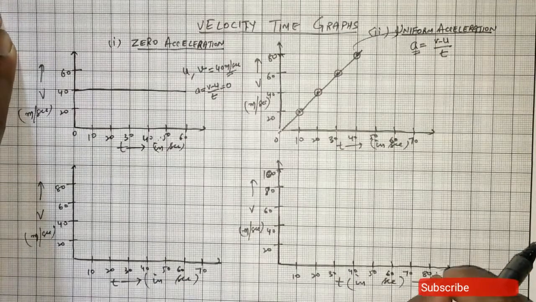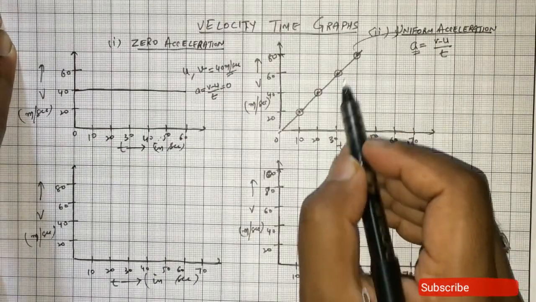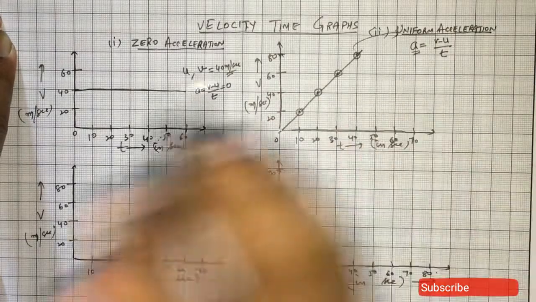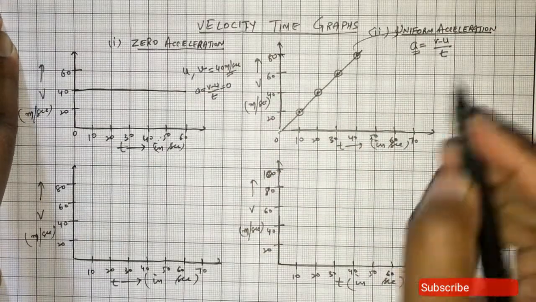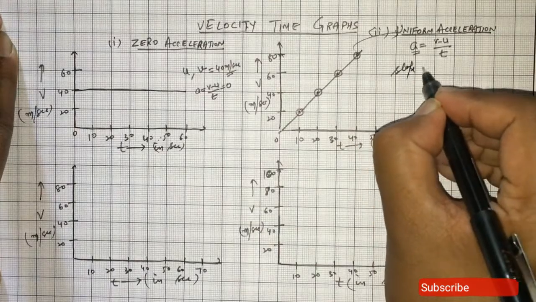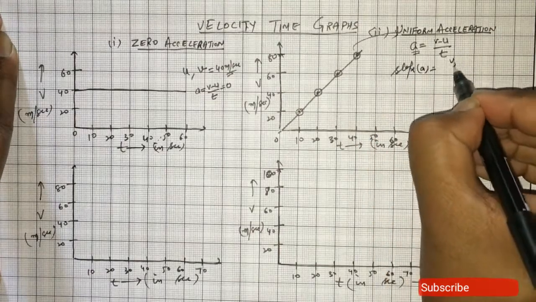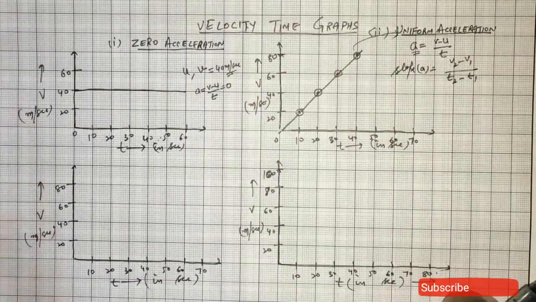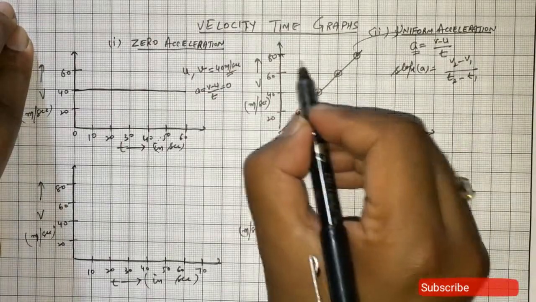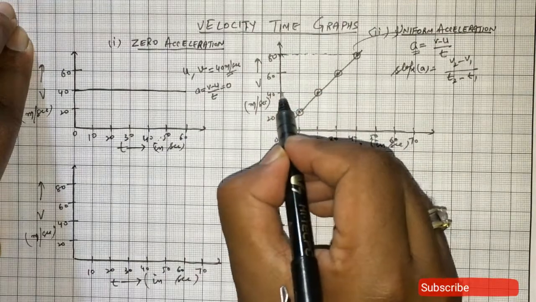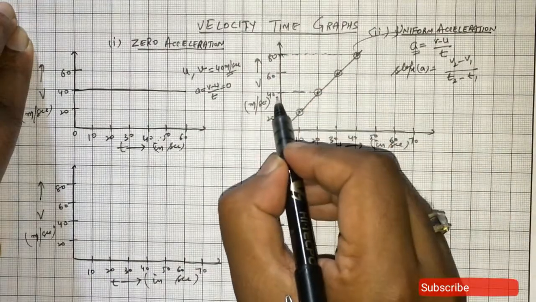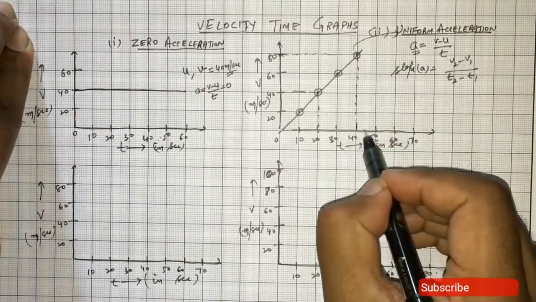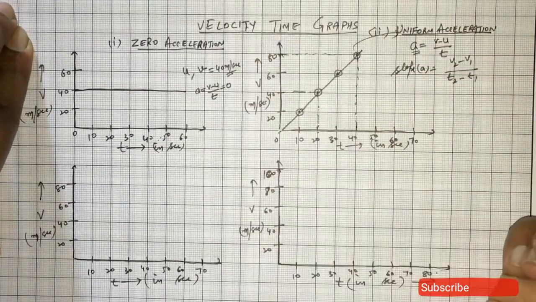Now if we want to calculate acceleration in this graph, the slope of this graph is known as acceleration. Again, slope means acceleration is v2 minus v1 upon t2 minus t1, means change in y-axis, means y2 minus y1, means v2 minus v1, corresponding to that t2 minus t1.